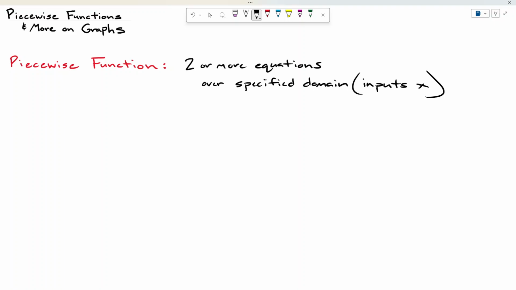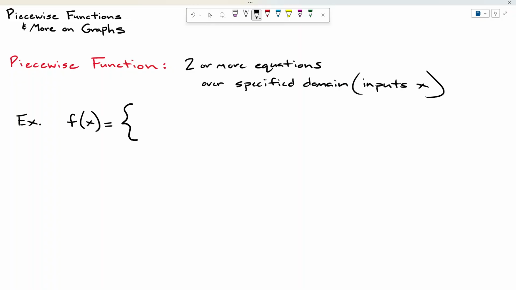So I think it'd be helpful to get right into an example of a piecewise. So if we were asked to evaluate the following piecewise function at the given values. So if we had f of x, and this is how you'll typically see the piecewise function written, like f of x equals, and then one of these bracket types here, and then however many equations, usually most often 2 or 3.